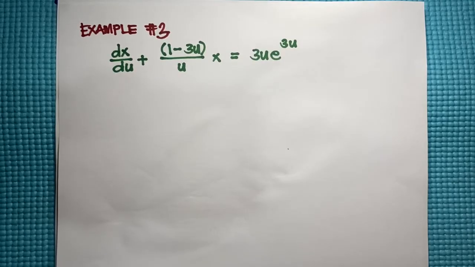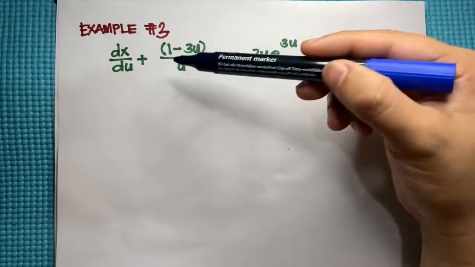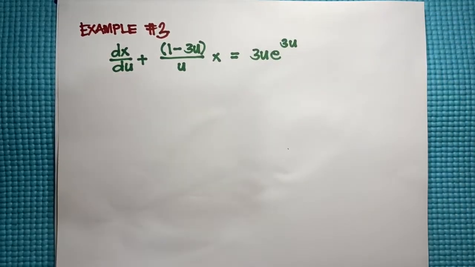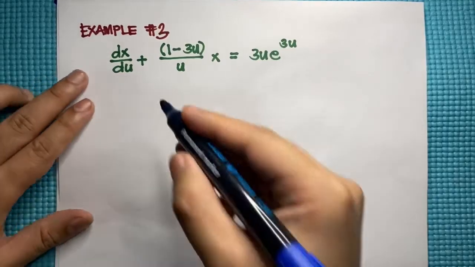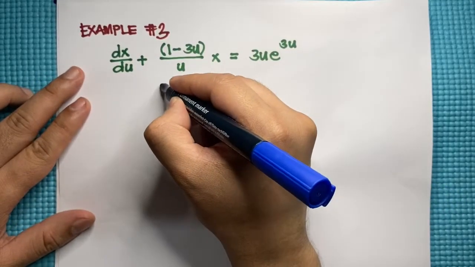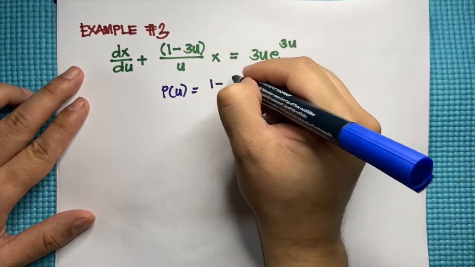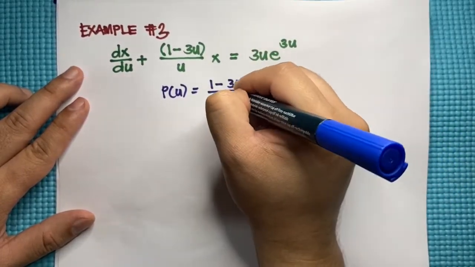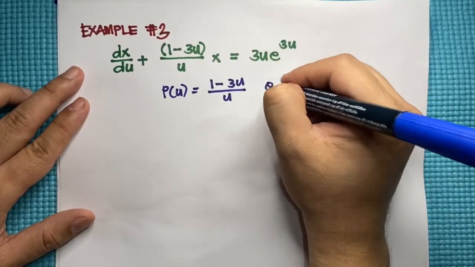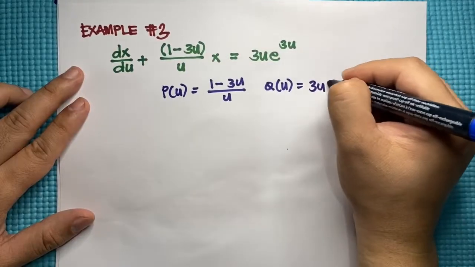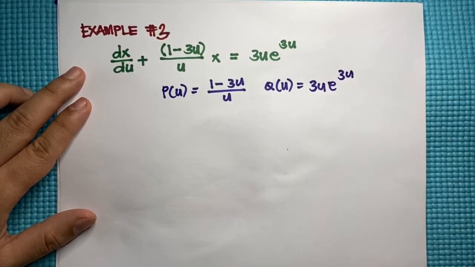Since it is dx over du, we expect it to be linear in x. Therefore, our p of u is (1 minus 3u) over u, and our q of u is 3u e raised to 3u.